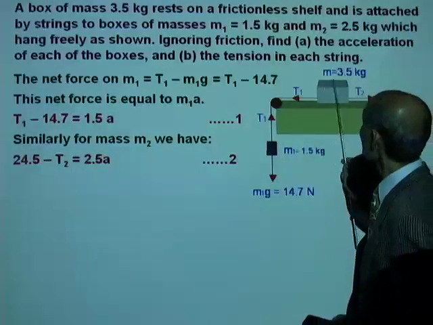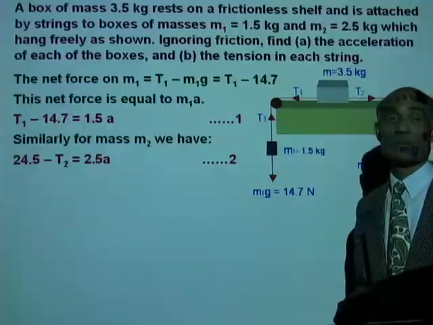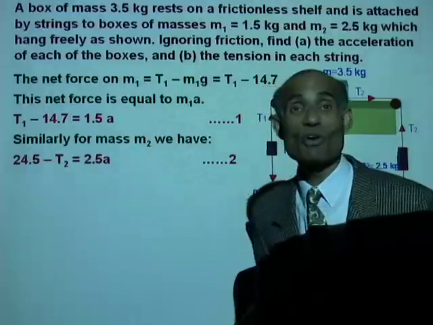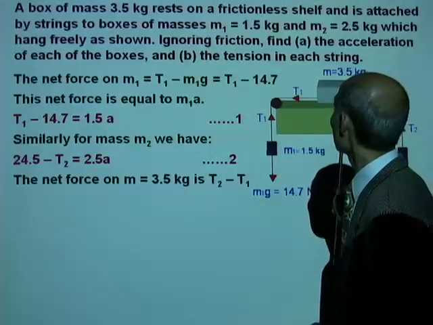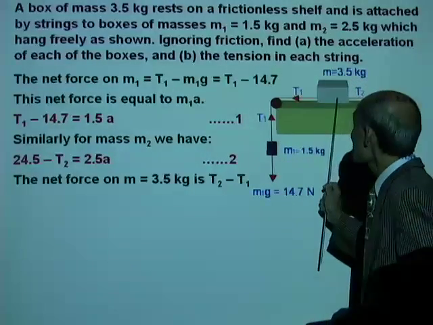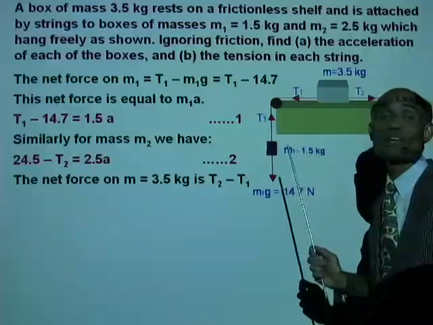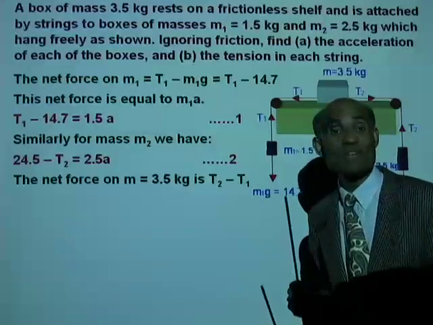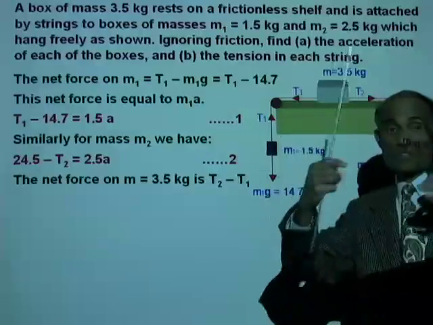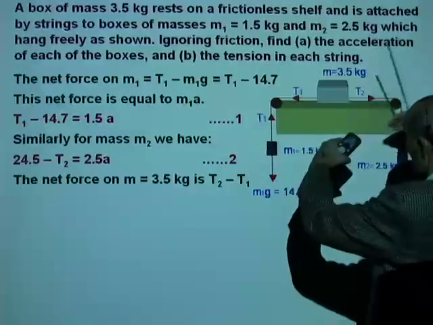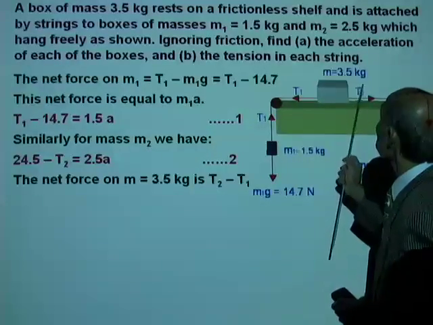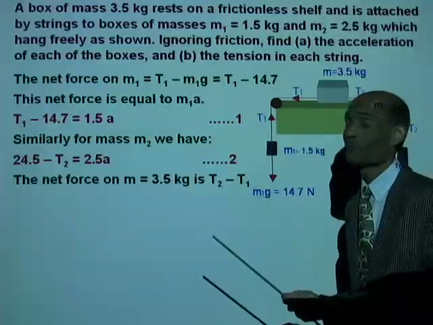How about the mass M3? Can you write an equation for that? What is the net force on M3? The tension T2 is pulling it to the right. The tension T1 is pulling it to the left. And since the system is moving to the right that way, we say the net force is T2 minus T1.